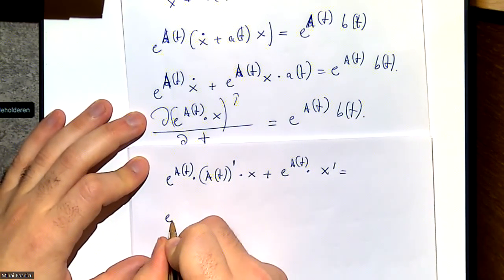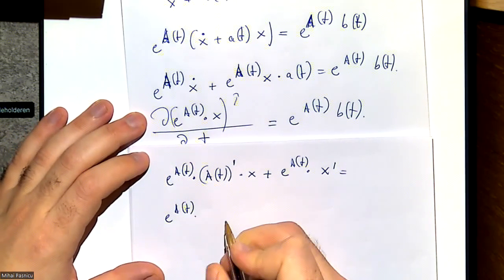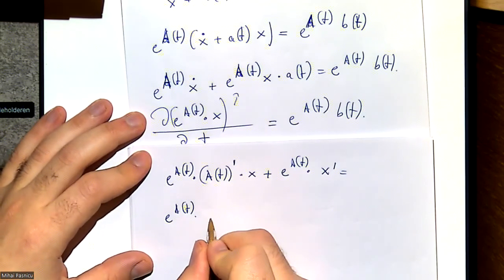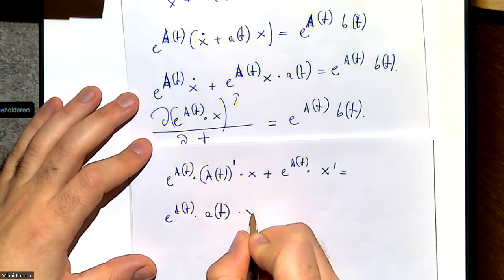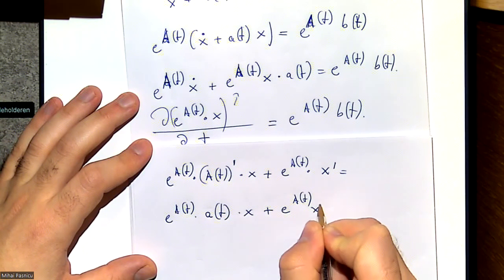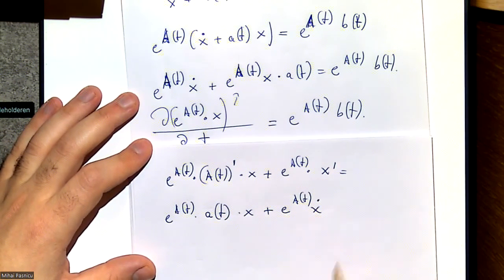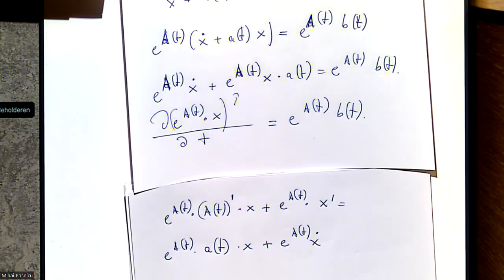This is just equal to e to the A(t) times a(t) times x plus e to the A(t) times x dot, because if A is the antiderivative of small a, then integration and derivation are opposite. See what I mean? It's the exact same thing. And somebody brilliant came up with this idea. I don't know who it was, but it was definitely not me. They just noticed that if I multiply by this big e to the A(t), everything will look nice.